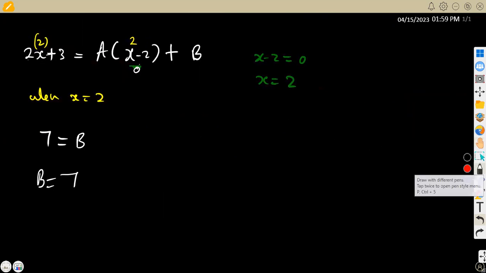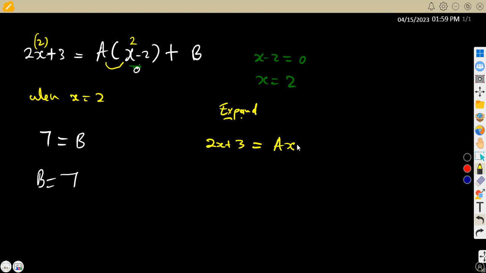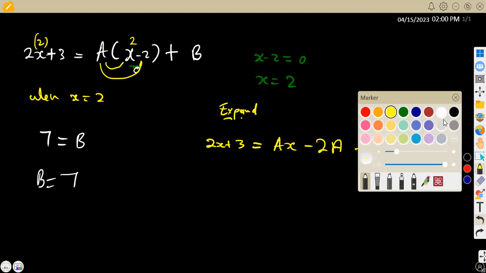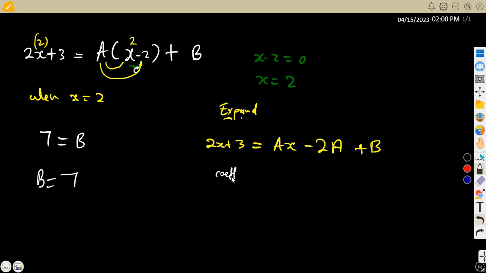If we expand, the left-hand side remains as it is: 2x plus 3 is equal to A times x, that is Ax, A times minus 2, that's minus 2A, plus B. Comparing the coefficients, the coefficient of x on the left-hand side is 2, and the coefficient of x on the right is A. So A is equal to 2, just like that.